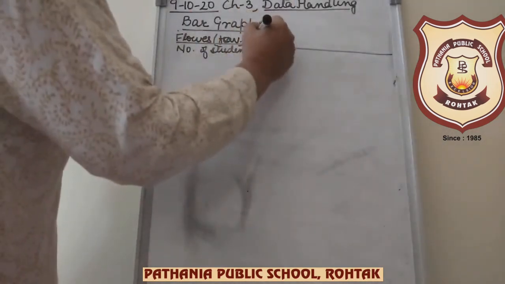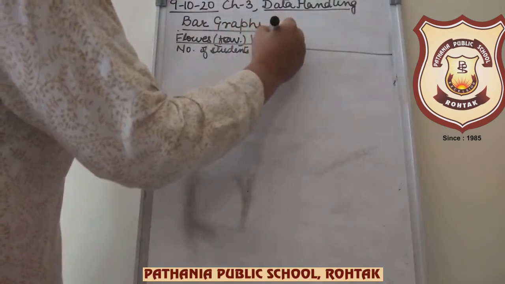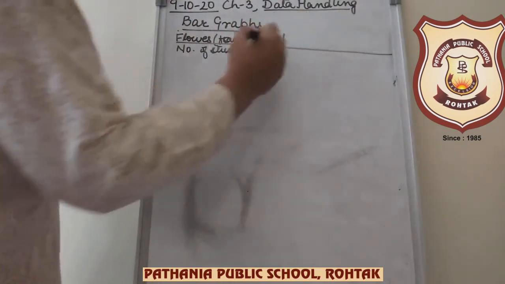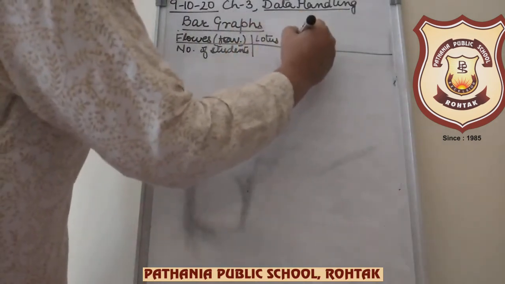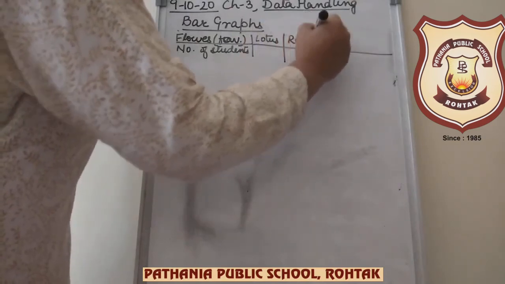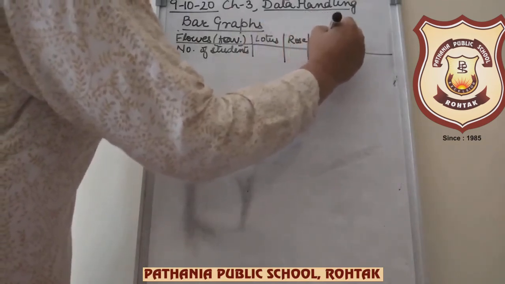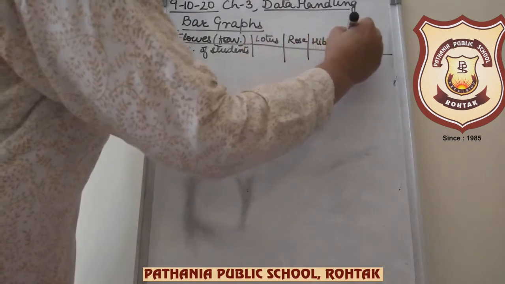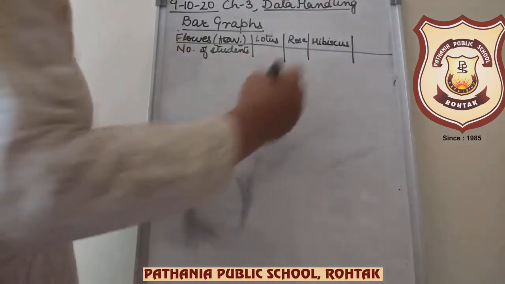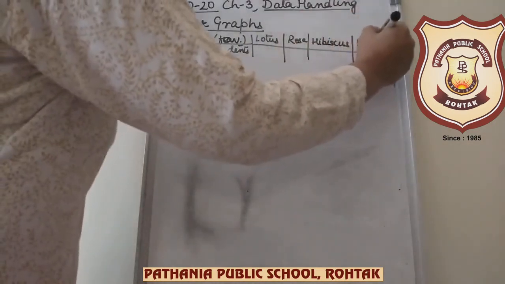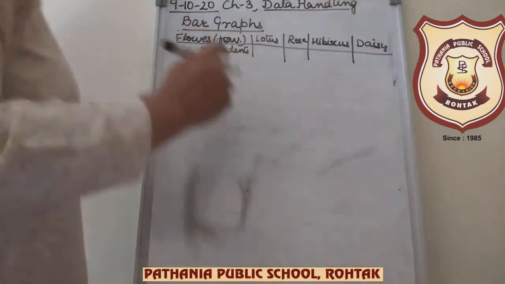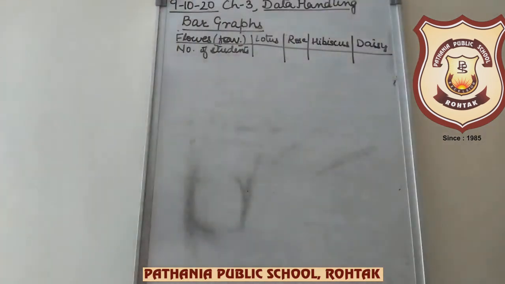The first flower is lotus, then rose, then hibiscus, and the fourth one is daisy. These are the 4 types of flowers which they have taken.